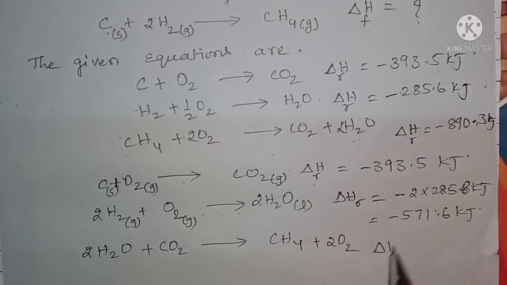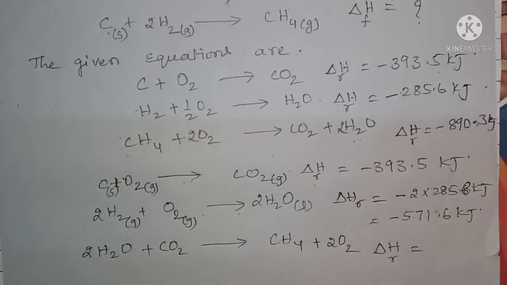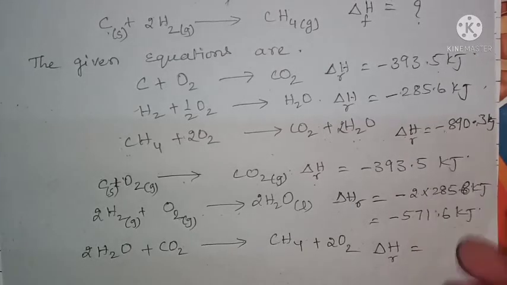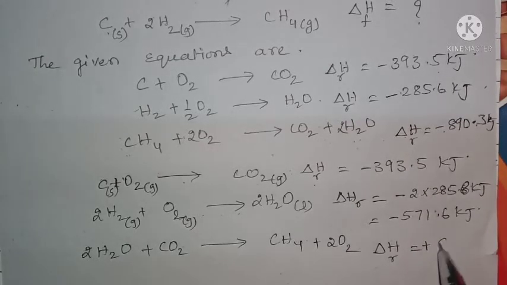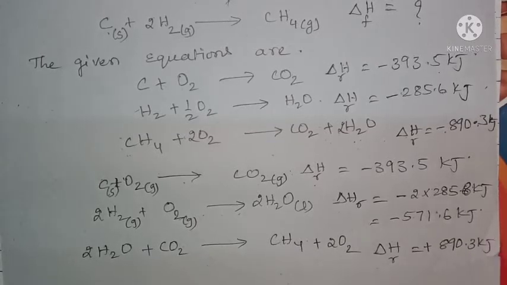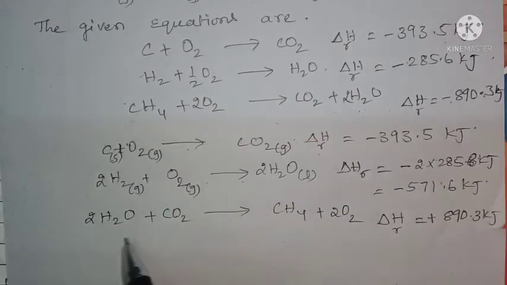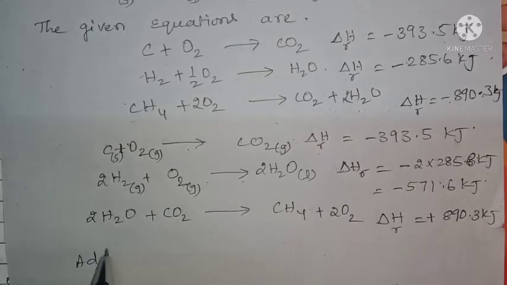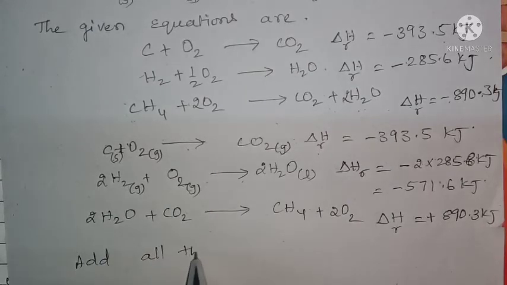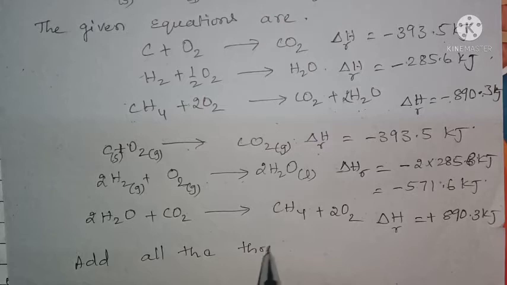The value becomes positive. Here a negative sign is there, but I have to convert that into positive, 890.3 kilojoules. Okay, these are the required equations. Now add all the 3 equations.